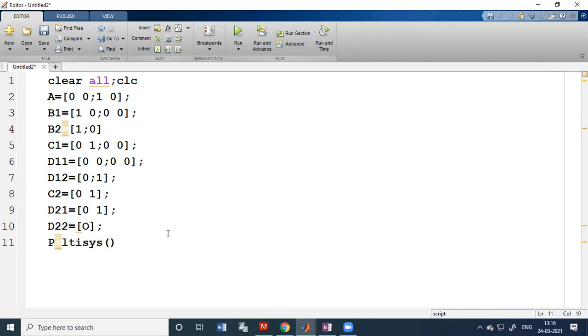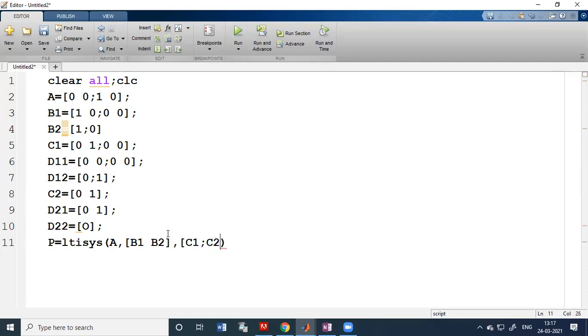Now we have to enter these details as per our requirement. We must have the A matrix, followed by B1 and B2 arranged side by side, that means B1 space B2. Then C1 and C2 must be in column form, that means C1 semicolon C2.